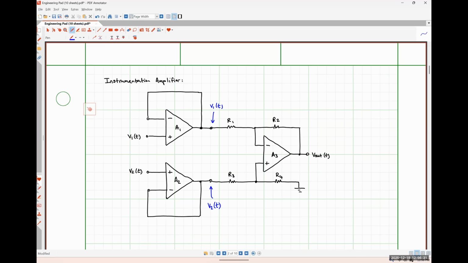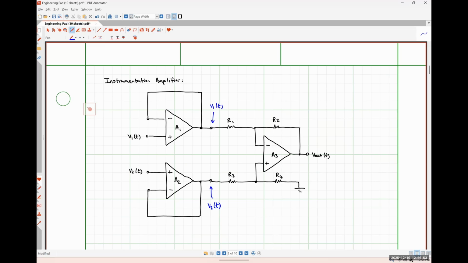When we covered a differencing amplifier in class on Wednesday, we had a matched pair of R1s and a matched pair of R2s. We no longer have that, okay? For all intents and purposes, because we know how the left-hand half of this circuit works, we can pretty much just ignore it and figure out how the right-hand half of this circuit works.